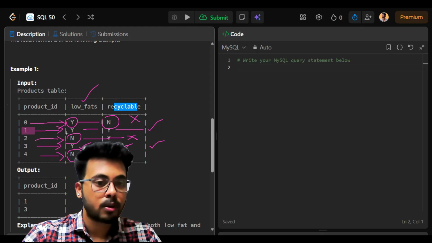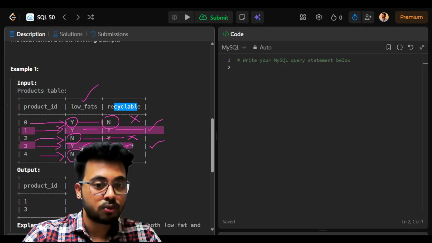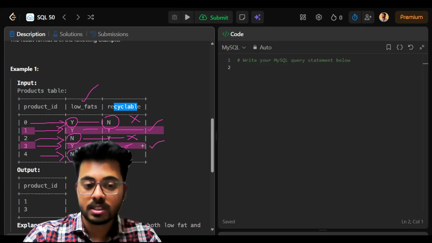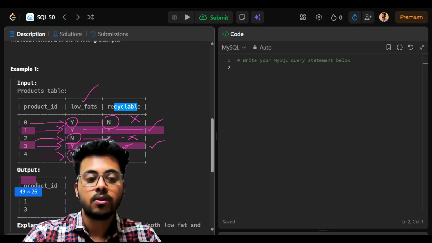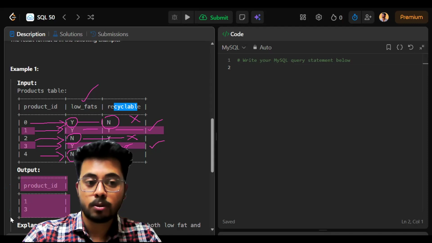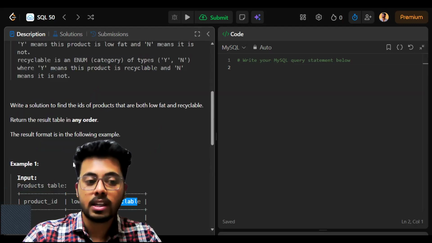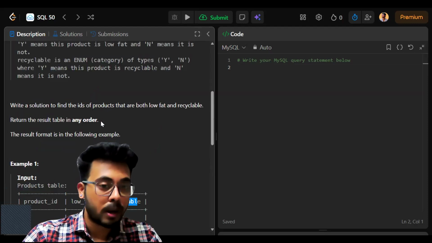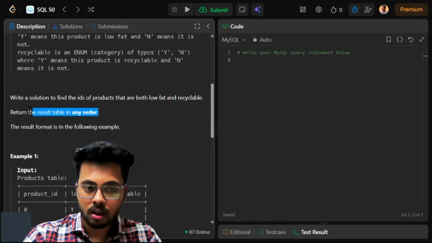Product_id 1, because it passes the given cases, and product_id 3, because here it passes the low fat and recyclable column status. And that's how, as you can see in the output, we are getting the same answer, 1 and 3. And do you remember, as per the question, the order of the answer won't matter? We can return the result table in any order, right?